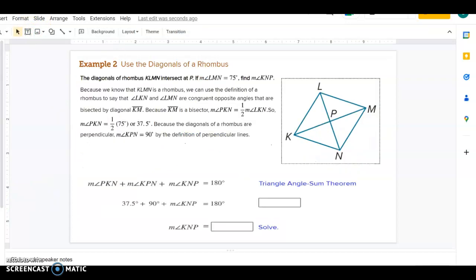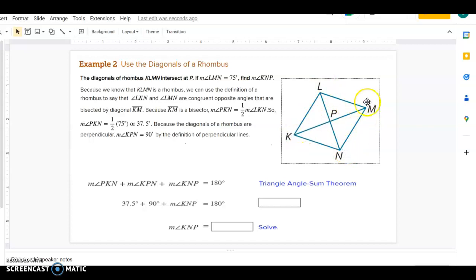So now, example 2, use the diagonals of a rhombus. So the diagonals of rhombus KLMN intersect at P. If angle LMN equals 75, find angle KNP. Because we know that KLMN is a rhombus, we can use the definition of a rhombus to say that LKN and LMN are congruent opposite angles.